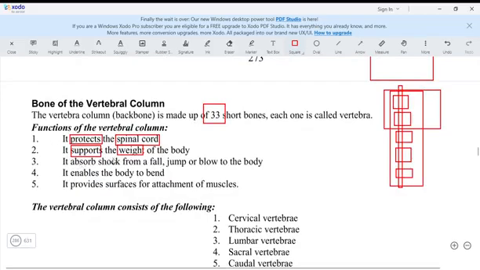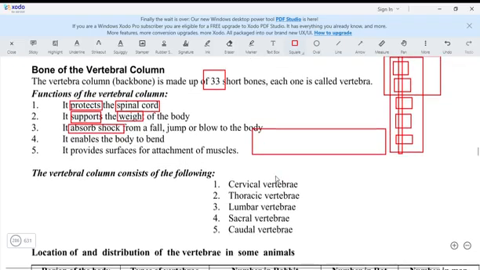Then it can absorb shock from a fall, jump, or blow to the body. If you fall down, it is this body part that will lay to the ground, so as it's laying to the ground, it will absorb the shock. Then it enables the body to bend.